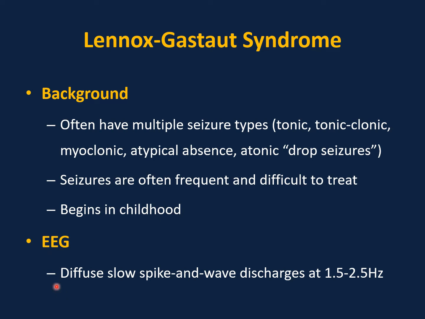The EEG characteristic is diffuse, slow spike and wave discharge at 1.5 to 2.5 hertz. So the 2 hertz is the EEG finding in Lennox-Gastaut syndrome. And these children usually have intellectual disability, so they are slow. So the EEG is slow, and also they have intellectual disability. It's just a hint to remember.